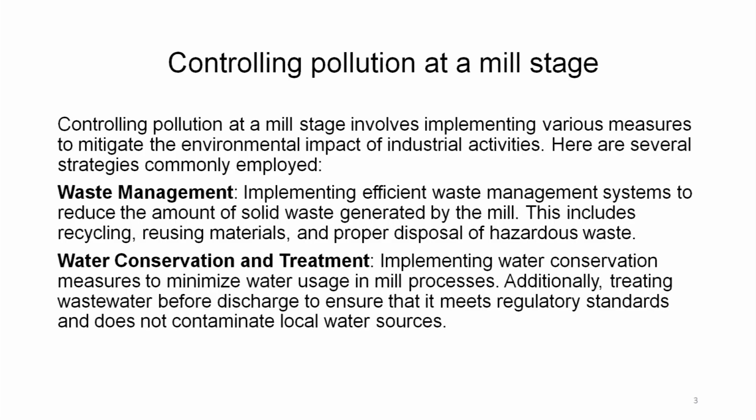Controlling pollution at a mill stage involves implementing various measures to mitigate the environmental impact of industrial activities. Here are several strategies commonly employed. Waste management: implementing efficient waste management systems to reduce the amount of solid waste generated by the mill.